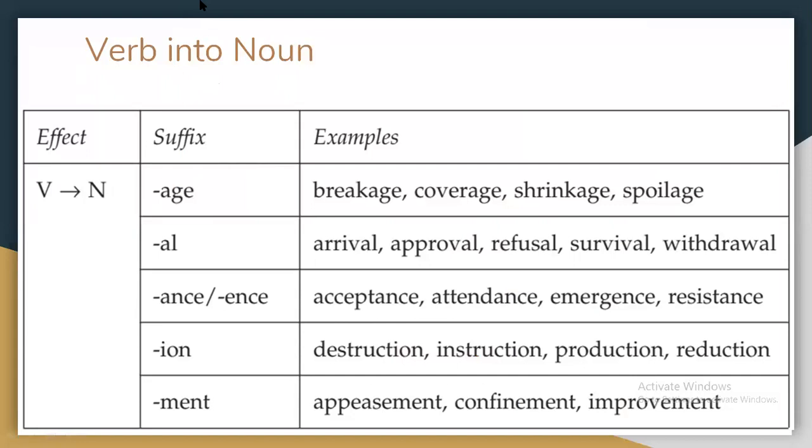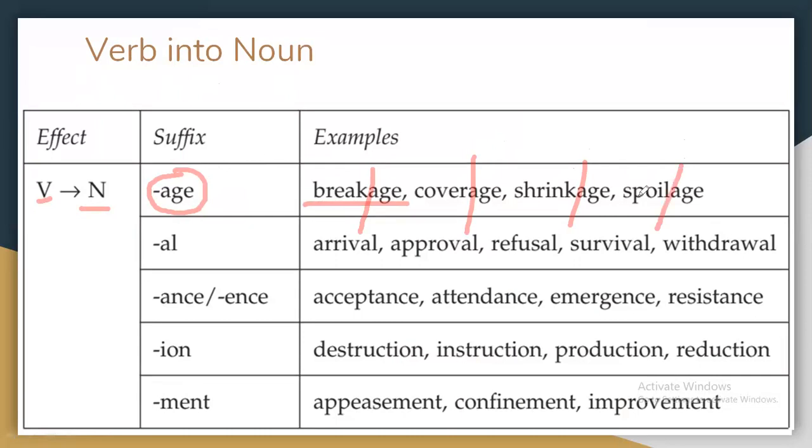In this case also you can see it is changing verb into noun. We can say this is added over here. It is a very complex thing in linguistics because language is what native speakers speak. That's why you can see break and breakage, cover and coverage, shrink and shrinkage, and spoil and spoilage.